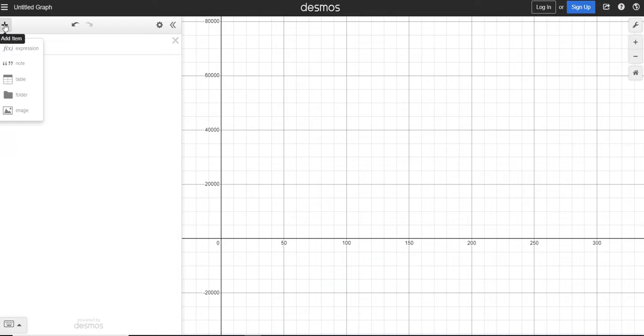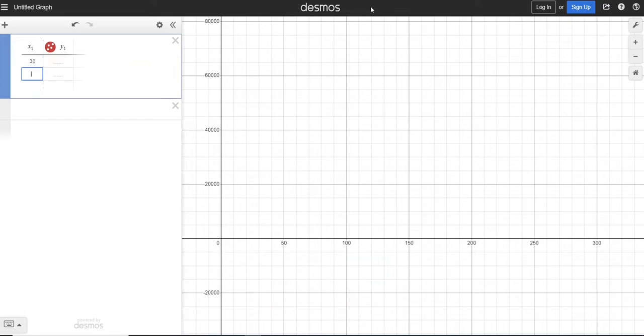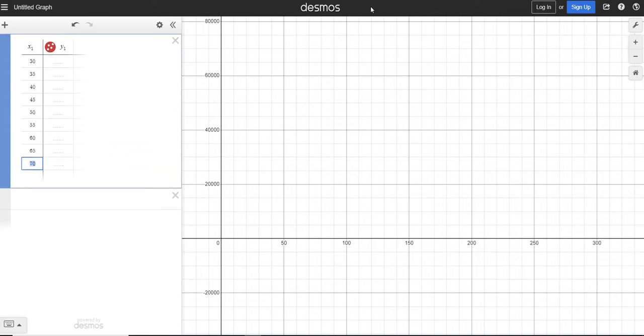So I'm going to add my new table here, and my inputs are the speeds, 30 to 70, and I'll put in the fuel economies here. Give me just a moment.